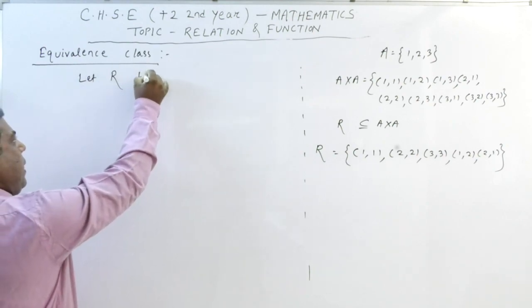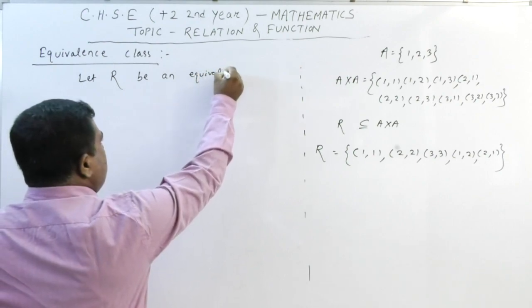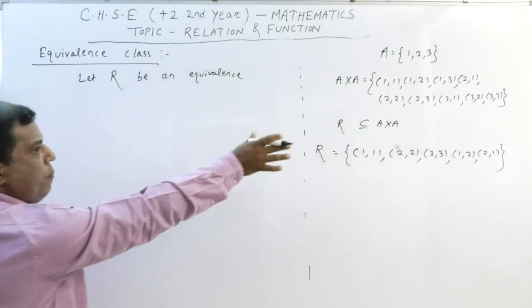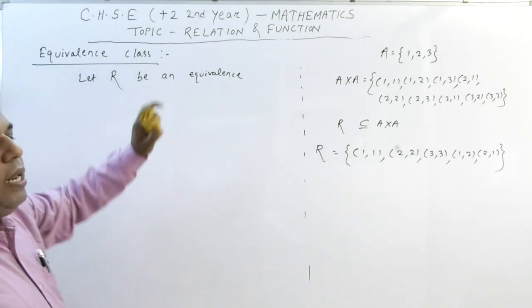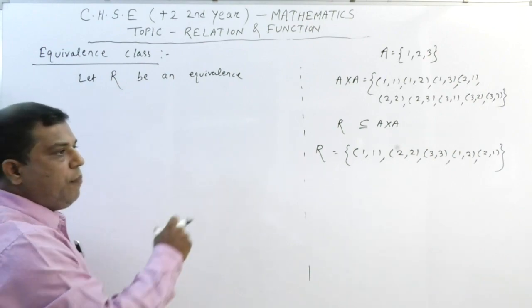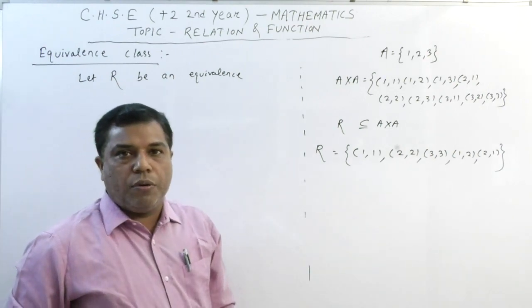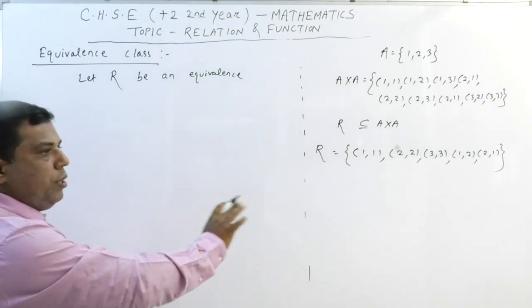Let R be an equivalence relation. The definition says, and we will compare it. Comparing both, we will clarify the concept of equivalence class. Okay, so don't be confused. Today we will clarify this concept up to a great extent. After this there will be no doubt.